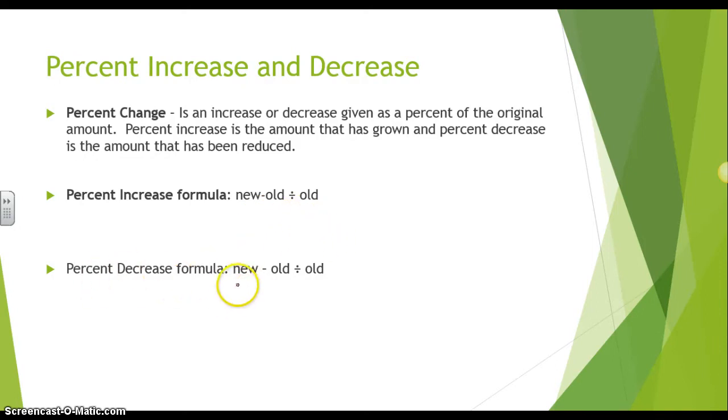For percent decrease, you think of the same formula, new minus old divided by old. You are going to get a negative number for your answer, but you would think of the opposite of negative. Whatever answer you get as a negative, you just switch it to a positive.